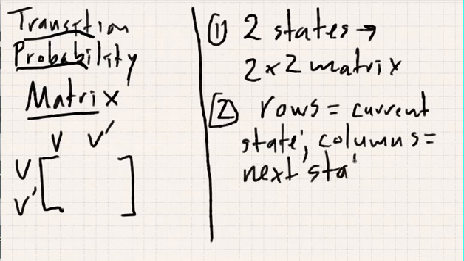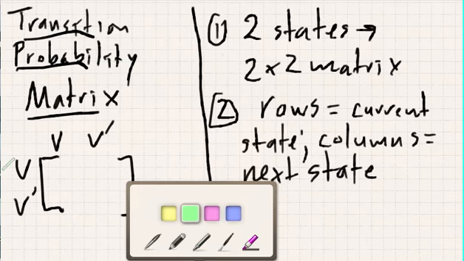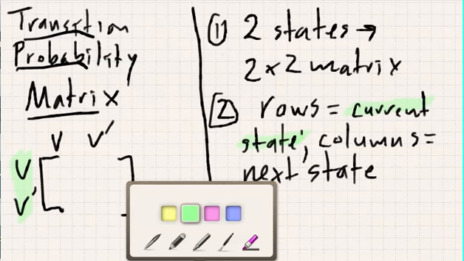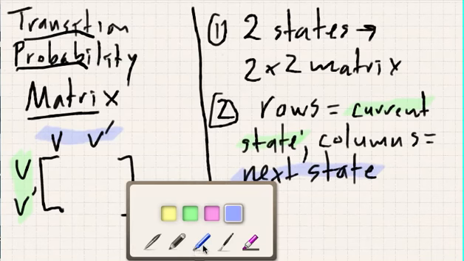That is, after you decide to stay with Verizon or not. Now, I fill this in with probabilities. Let me highlight these things just to emphasize that here's your current state, and here is your next state.